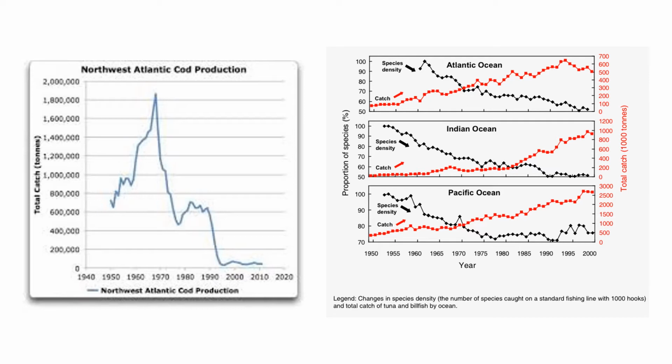Now on the right there, you can also see that as I'm increasing my catch, the number of species that I'm actually catching goes down, which shows us that my species density, or the number of species or species richness, is actually going down.